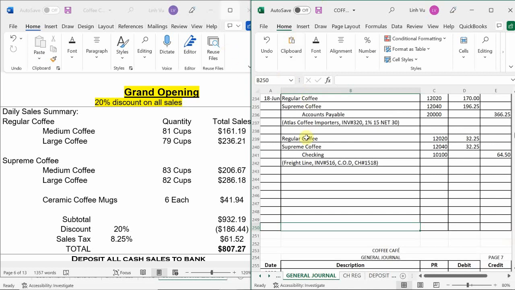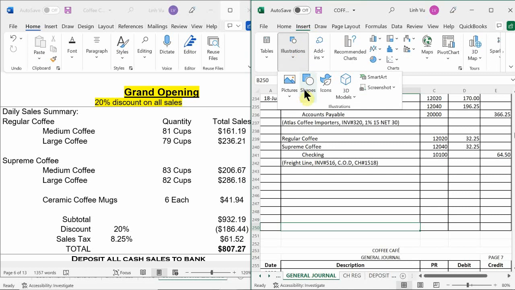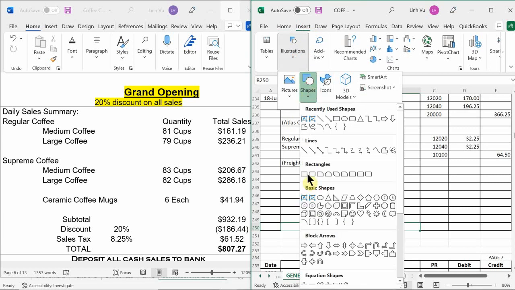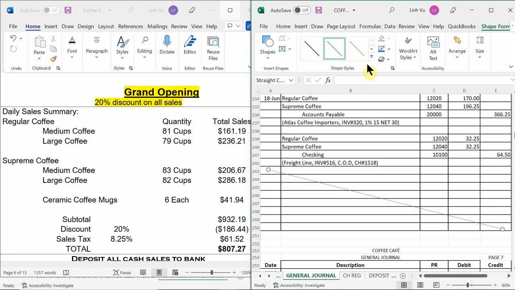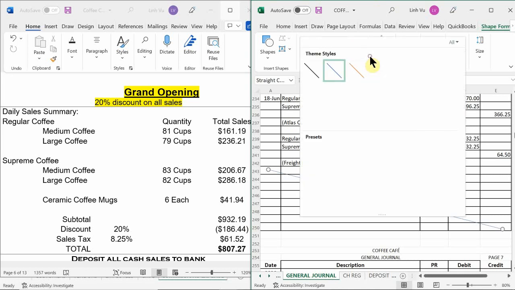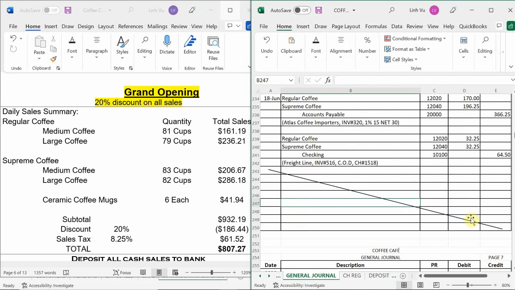So since I'm at the end of this page here, I am going to insert that line, because this is a lot of space for a transaction to go into, okay? So I'm going to draw a line between the date all the way out to the bottom of the credit column here, because I don't want anybody to put in a transaction.